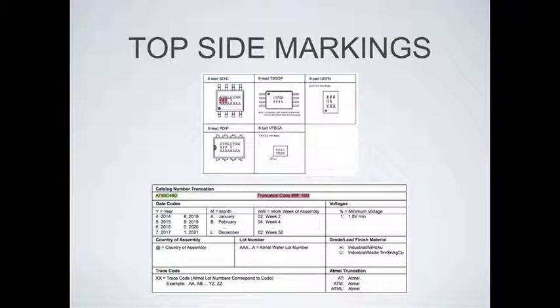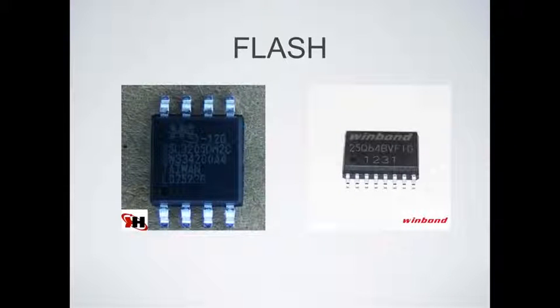This is for Atmel in this example, but you're also going to find the same sort of shorthand truncation code numbering scheme in other manufacturers, and we'll see that in a couple of slides down. But moving on, another step up from EEPROM, we are now into Flash.